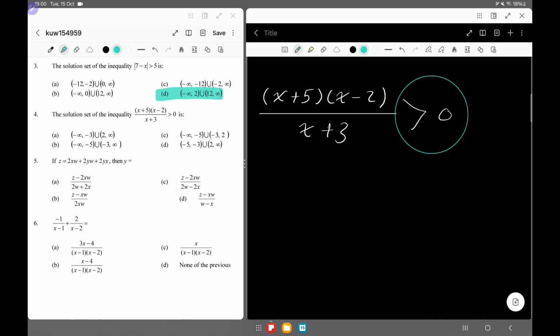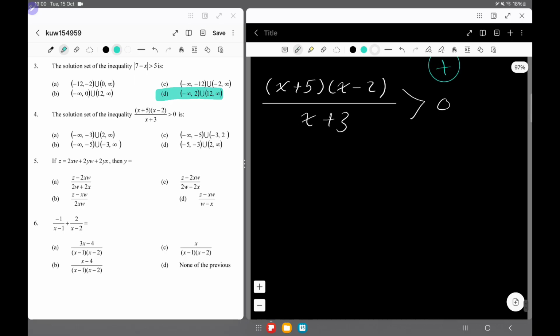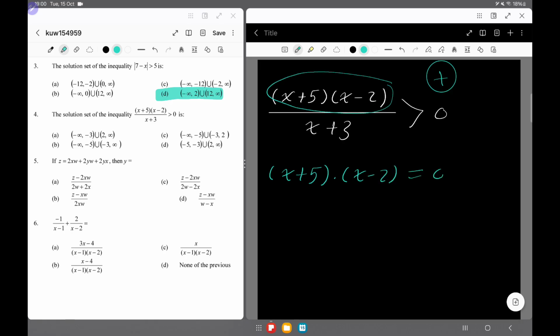What does more than 0 mean? That means we need positive solutions only. We don't accept negative. Keep that in mind. So what are you going to do? You have to take the top and make it 0, that means x plus 5 times x minus 2 equals 0, and take the bottom and make it 0 as well: x plus 3 equals 0.